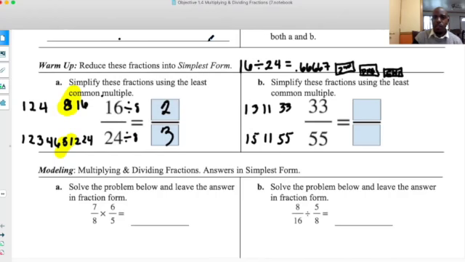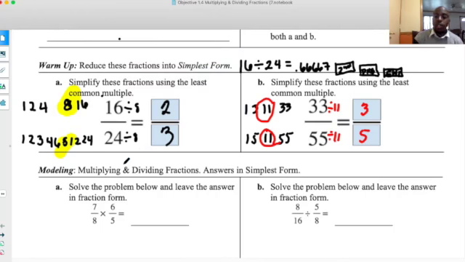Yes, they both have 1, but I see this 11 here. So I'm going to say the 11 must be the one I need to divide by. I'm going to divide the numerator and the denominator because they both have this in common. Okay, and I end up getting 3 over 5.